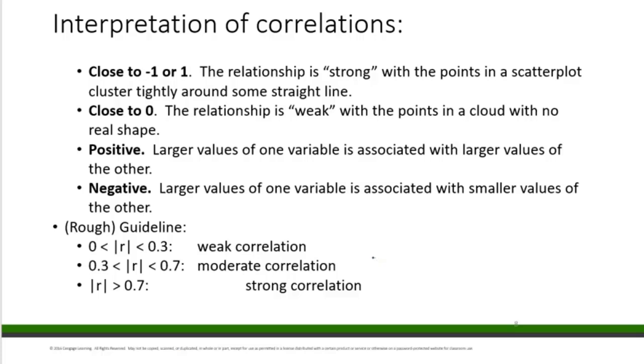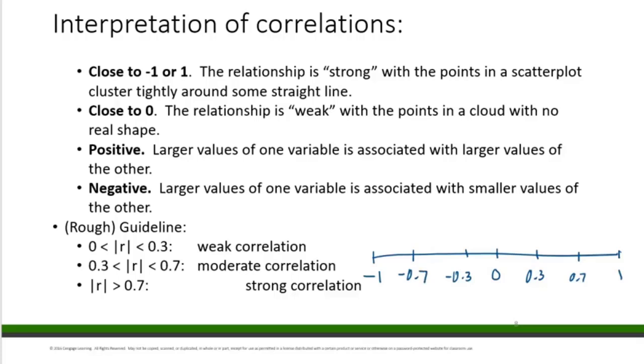This is the number line. You have -1 here, and +1 here, and then here is 0, and here is 0.3, and 0.7, and then to the left is -0.3, and -0.7.